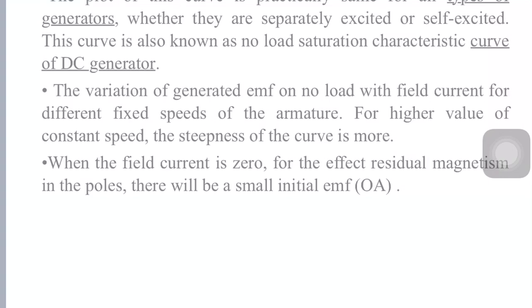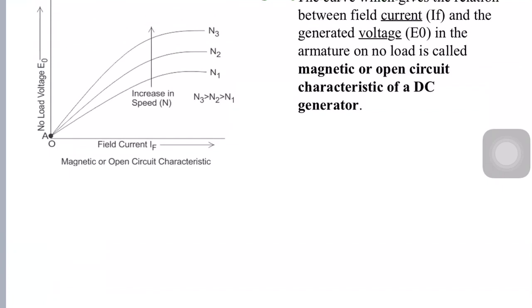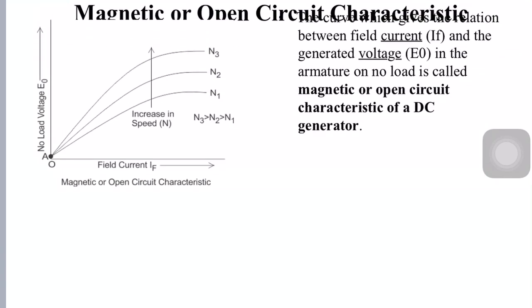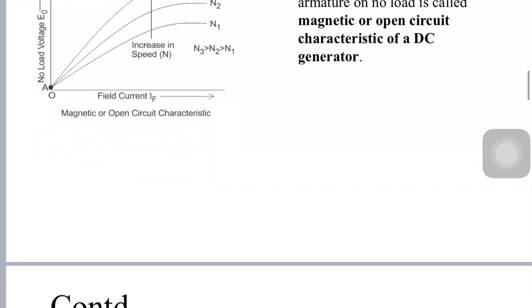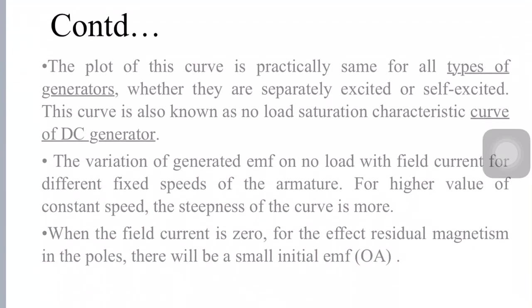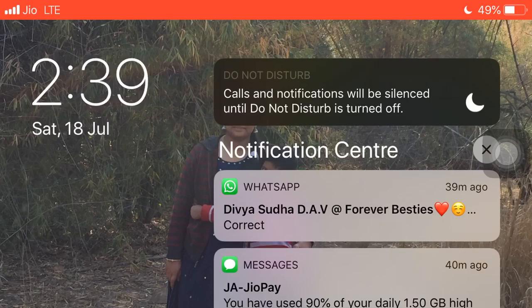Here we have to observe that the curve does not start from point O. It starts from a point somewhat up on the no load voltage y-axis, represented by A. The curve has started from point A because of the effect of residual magnetism in the poles, which gives a small initial EMF. So when we are studying these characteristics, we will take different conditions.